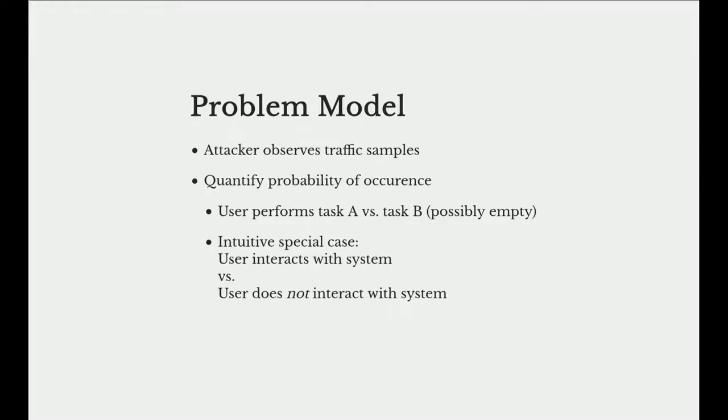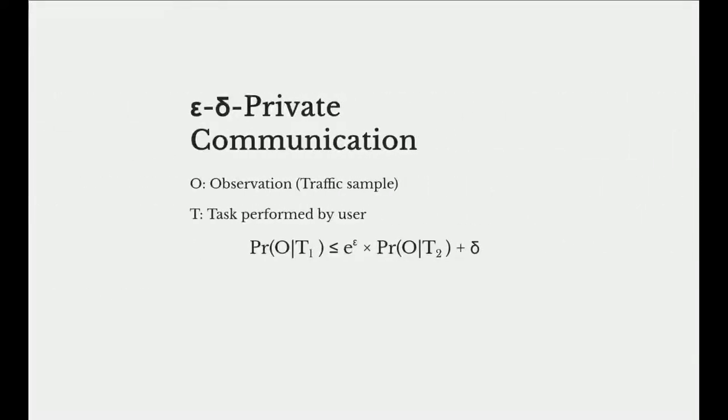So in a previous work, we have thus established the notion of epsilon delta private communication, which borrows concepts from differential privacy and epsilon delta private information retrieval. We have an observation O, which is basically a traffic sample, as I said.